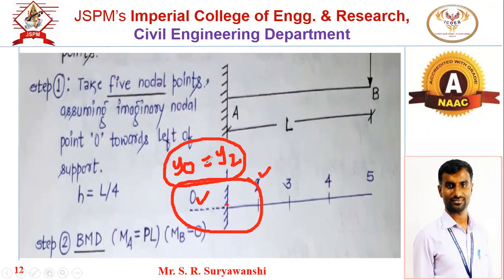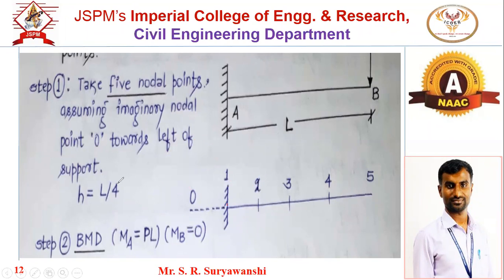So y0 is equal to y2. Now H is L by 4, which we have calculated, as the number of nodes is 5. So this is the beam with nodal points 0, 1, 2, 3, 4, 5.